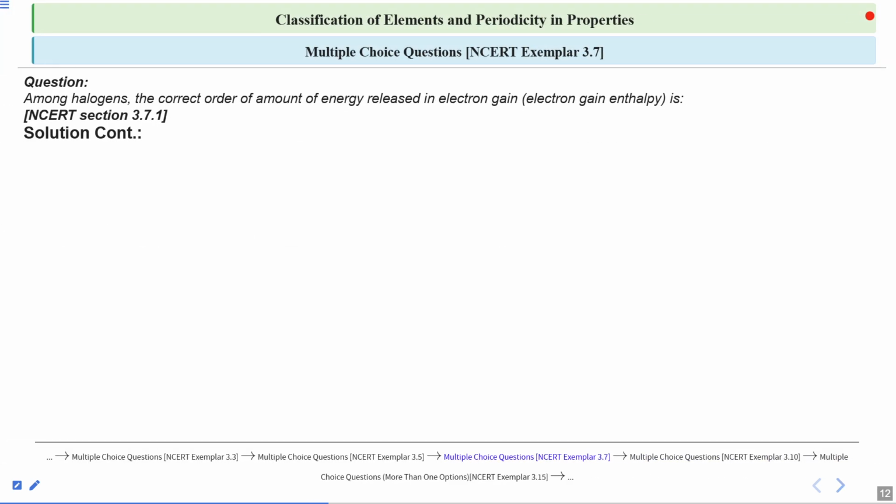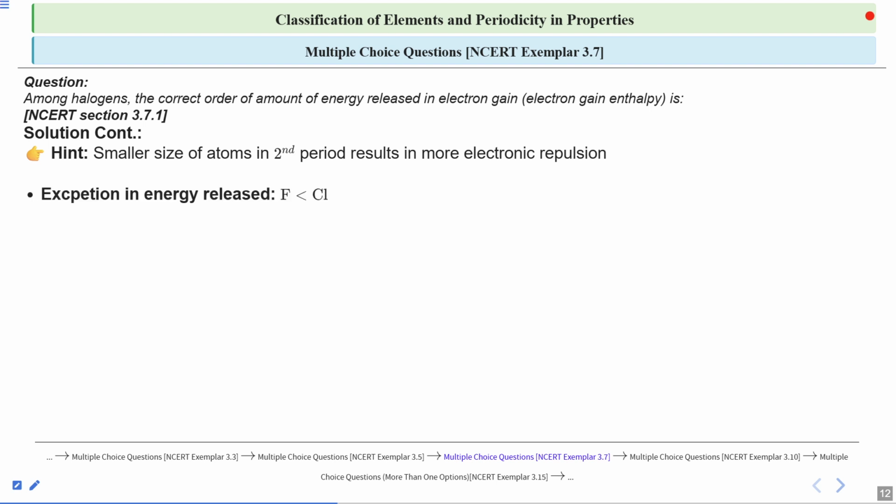But what we see is an exception, and the exception is due to the small size of the second period elements. You have already seen that your second period elements are very small in size, and they also display the diagonal relationship due to this small size. Now here the diagonal relationship has nothing to do with the electron gain enthalpy, but the small size does.